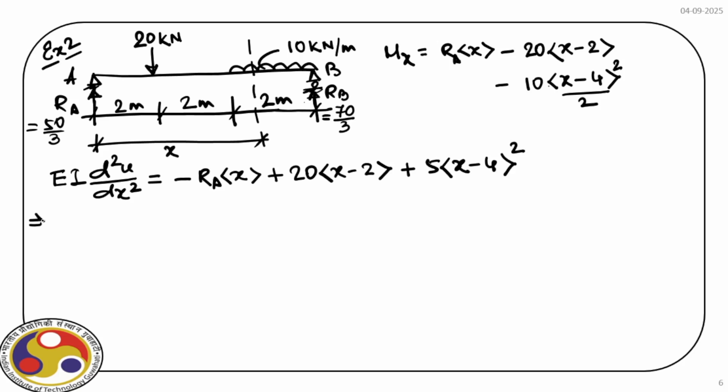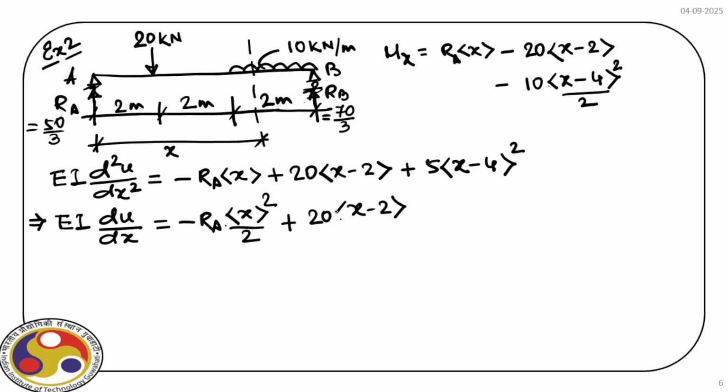Okay, so if we integrate this expression, we have EI du by dx is equal to minus RA times x square by 2 plus 20 times x minus 2 whole square by 2 plus 5 times x minus 4 to the power 3 by 3 plus there will be a constant C1.